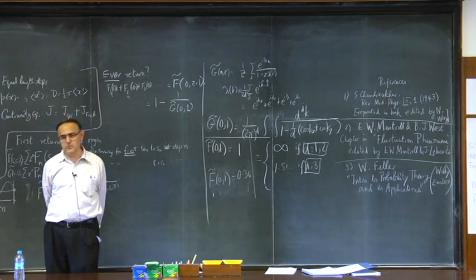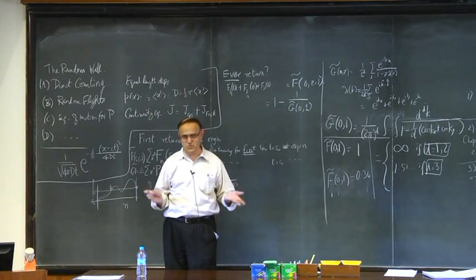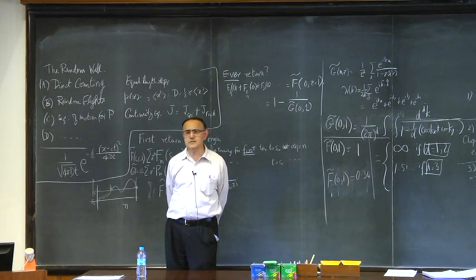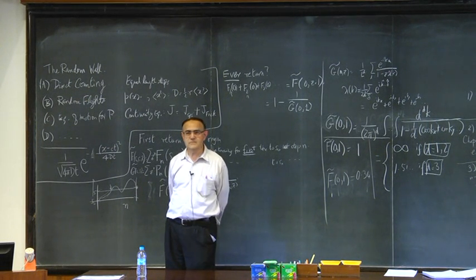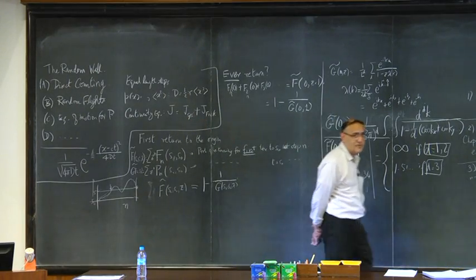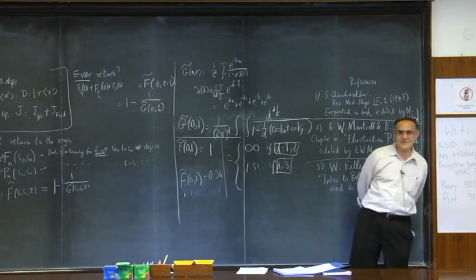No, no, that's simple cubic lattice. Simple cubic has 3 dimensions and 2 neighbors, so 2 times 3 is 6. Face-centered cubic? 12. Somebody said 12. He's right. Okay, well done.